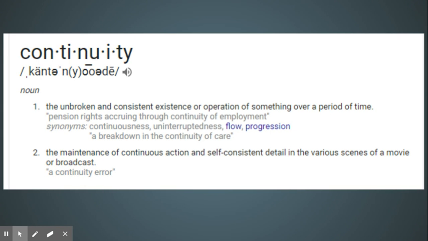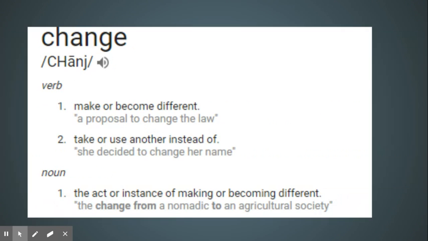Now on the flip side, we have change. Make or become different, take or use another instead of. So this would be the representation of something that was one way and is now another. So Washington, remember, he said, avoid political parties, do not have a political party.